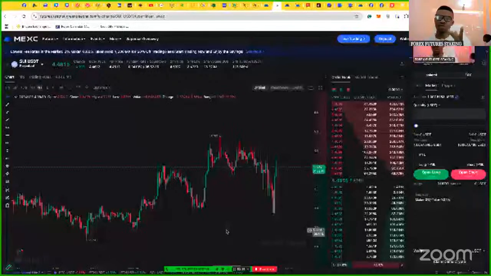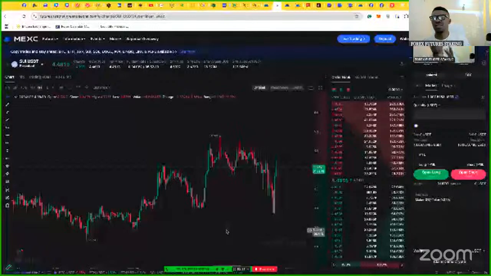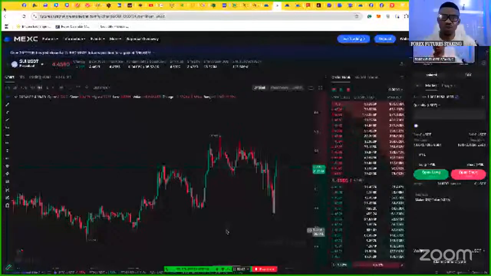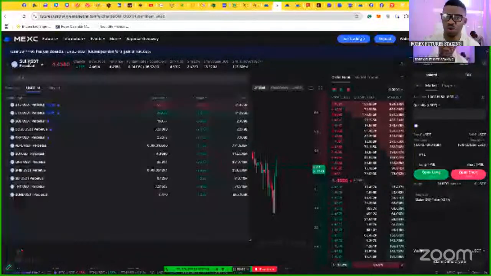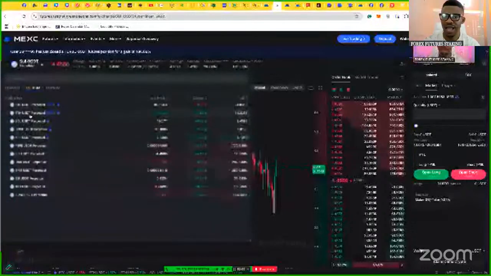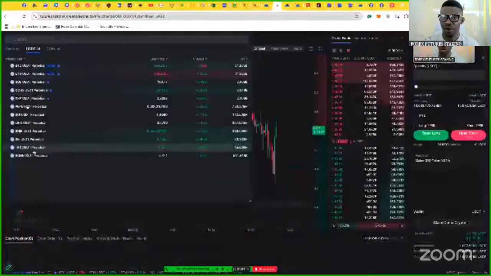Of course, you now know that this is the platform of MEXC exchange for trading. This platform allows you to search for any pairs you want to trade on the futures side under USDT futures. You can see them right here.